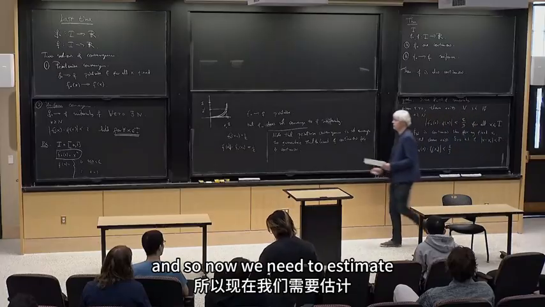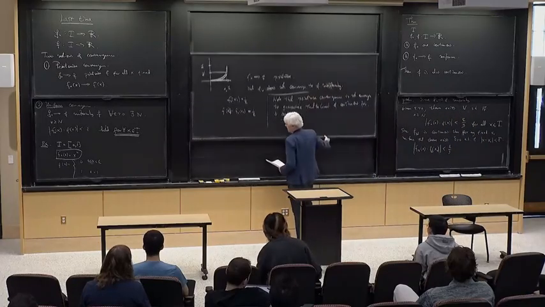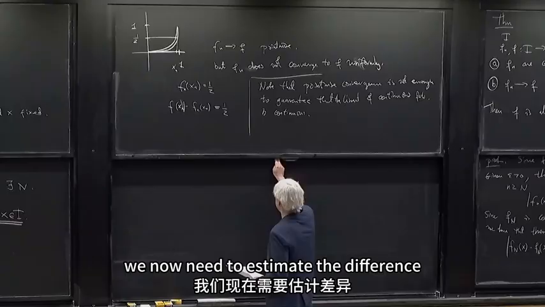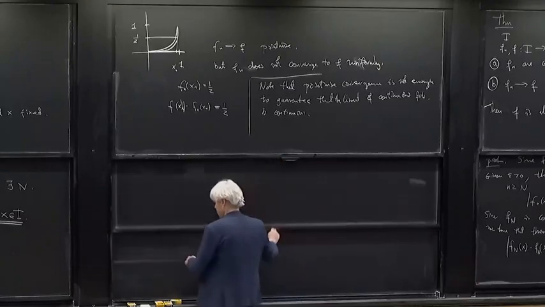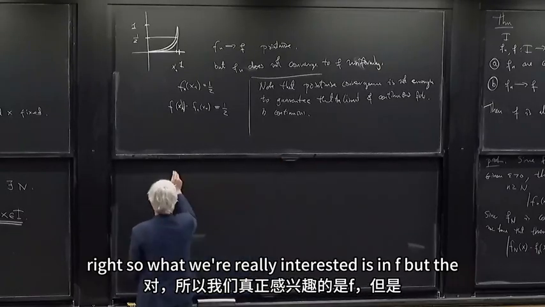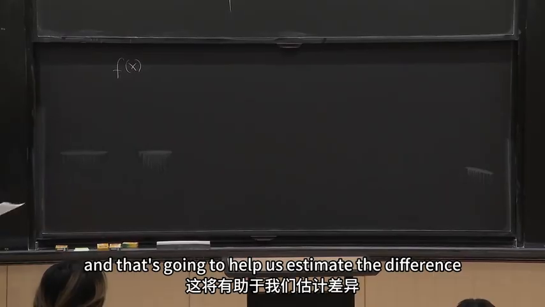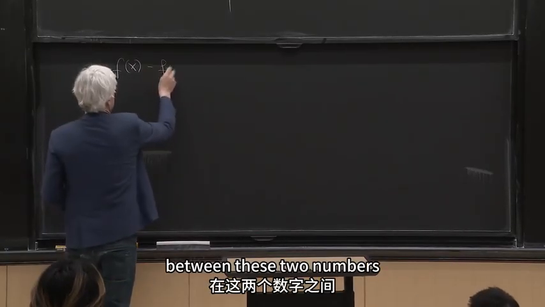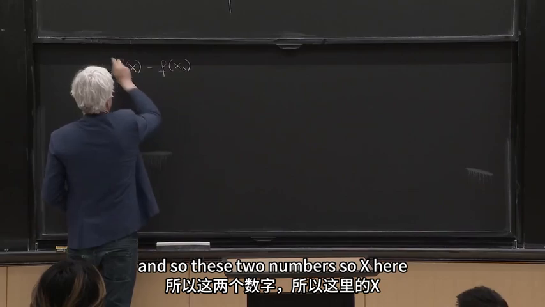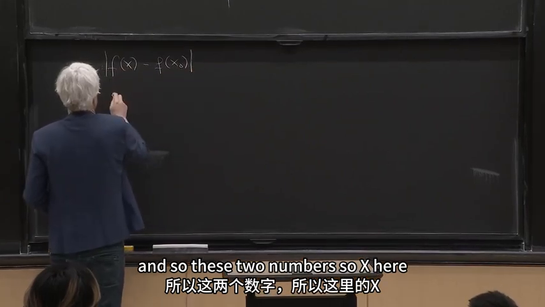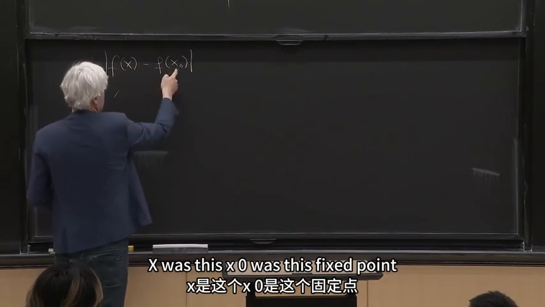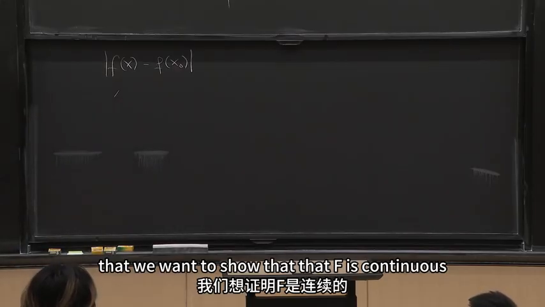And so now we need to estimate the difference. What we're really interested in is f, but the f capital N is going to help us estimate the difference between these two numbers. x0 was this fixed point at which we want to show that f is continuous.